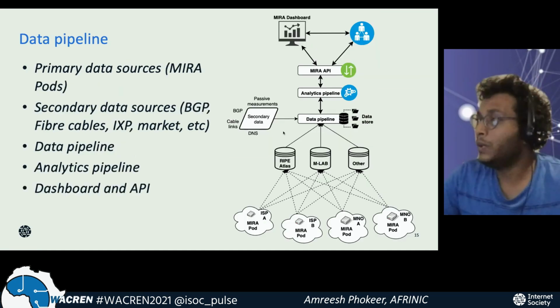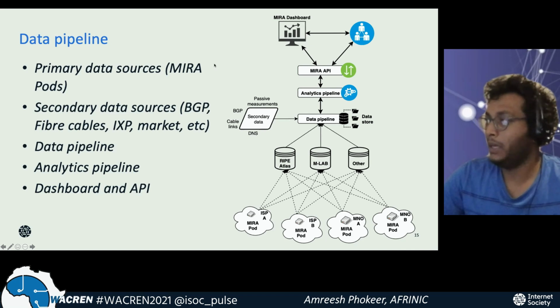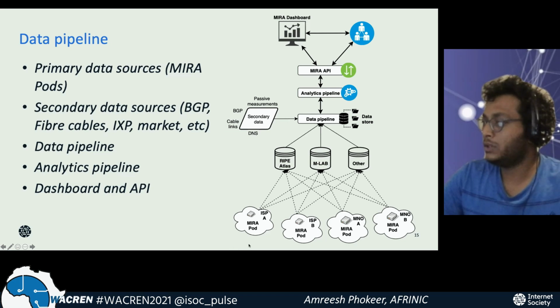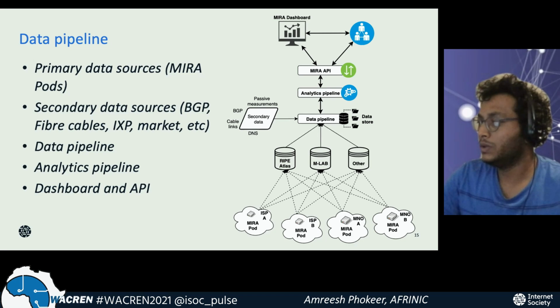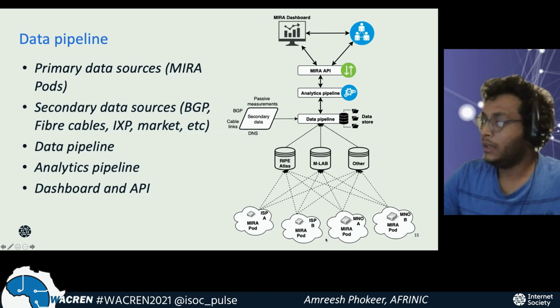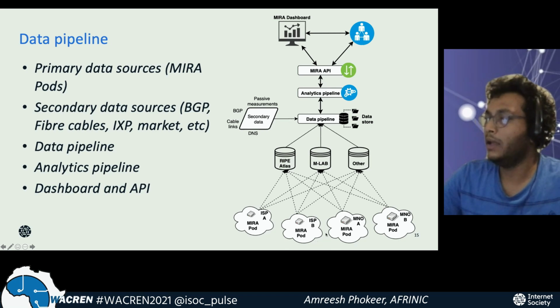So the way we are approaching this problem, here is our data pipeline, or basically the framework dealing with the different sorts of data. As I mentioned, we have primary sources of data, which are coming from the MIRA pods. As Kevin mentioned, the MIRA pods will be installed at the end user level, so that we know what is really happening on the eyeball networks. It can be a fixed network or a mobile broadband network, that doesn't matter. This information will be captured in the different databases that we are setting up.